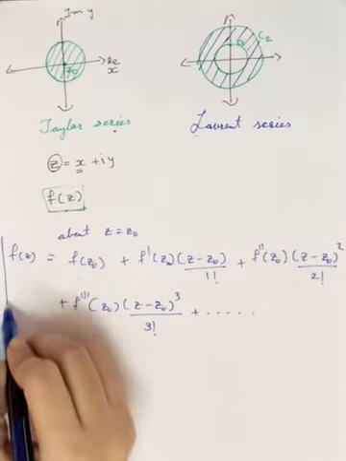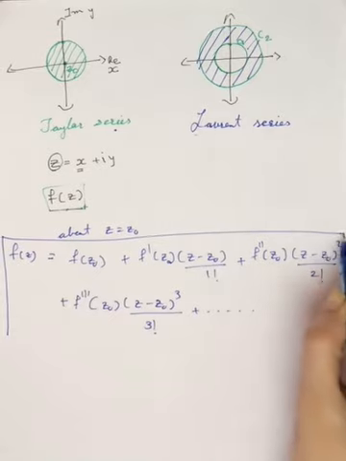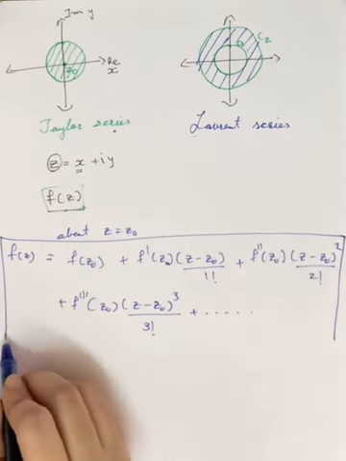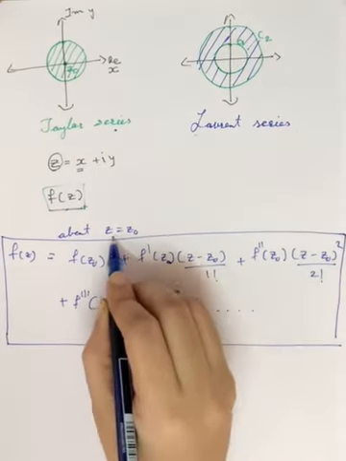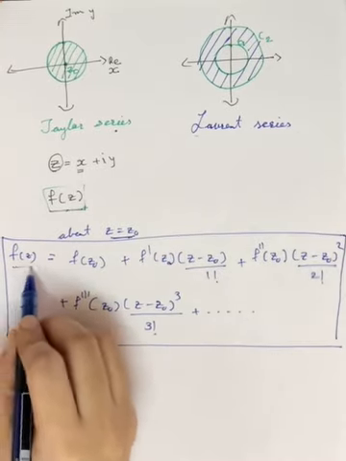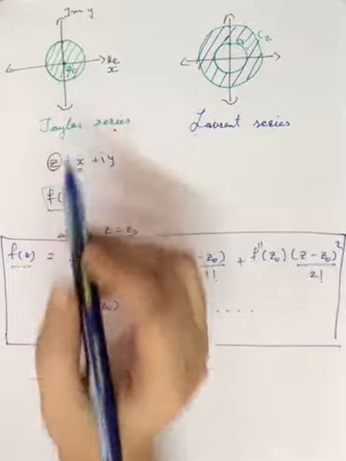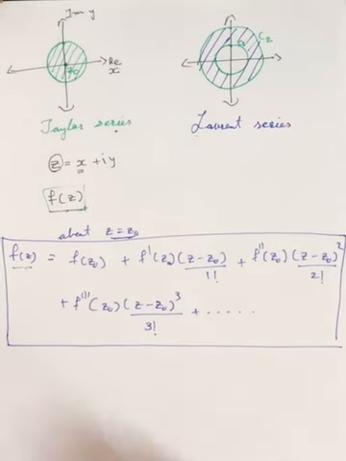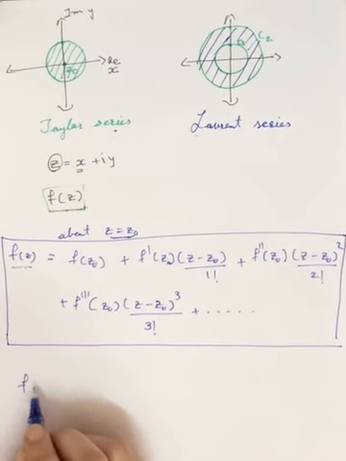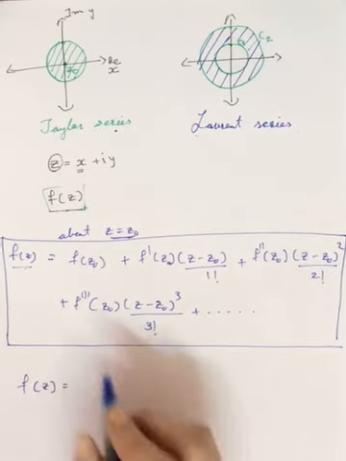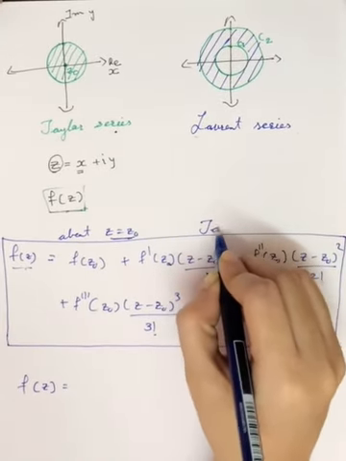So this is the Taylor series expansion about z equals z0 for the function f of z, provided that we have the analyticity like this. So this is for Taylor series.